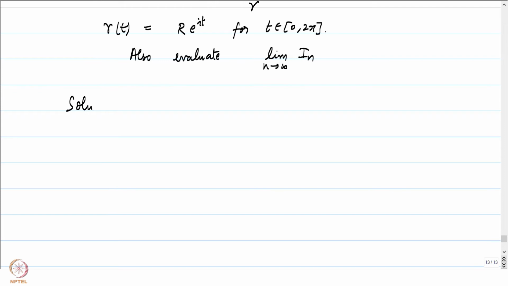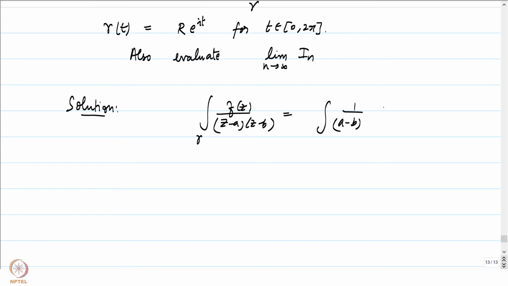So what are we interested to compute? We are interested to compute the integral of f of z by (z minus a) into (z minus b) over gamma, where gamma is the circle of radius capital R around origin. The standard trick will be used here. This is going to be equal to the integral of 1 by (a minus b) times (f of z by z minus a minus f of z by z minus b) dz.